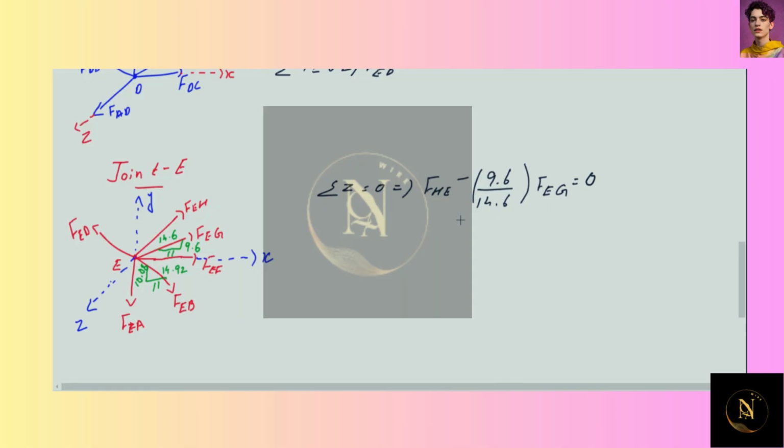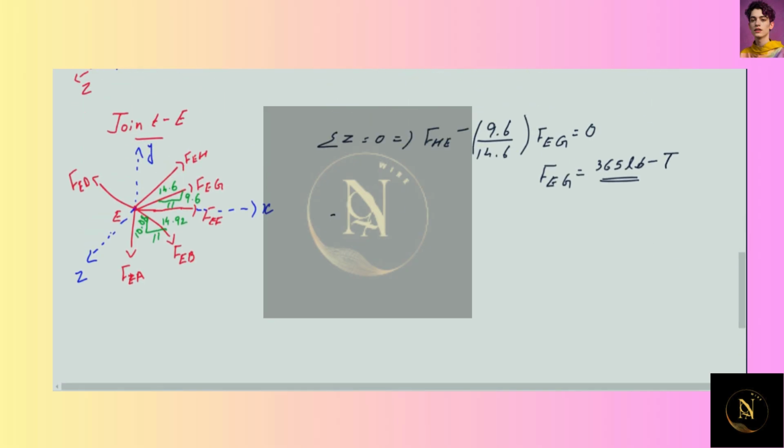We already know the value of FHE, substitute that value here. That gives you the value for FEG, that will be 365 lb. You can see here the FEG is going outward from the point E. That creates tension. Let's denote it by the letter T.